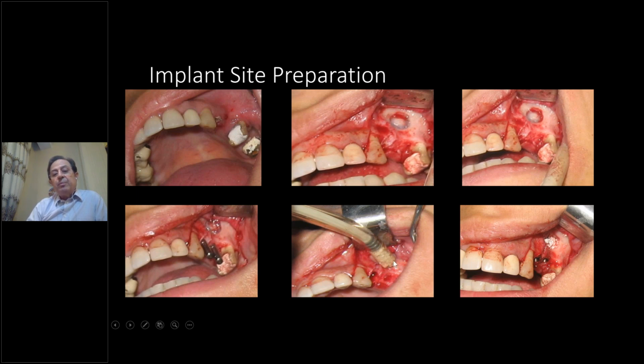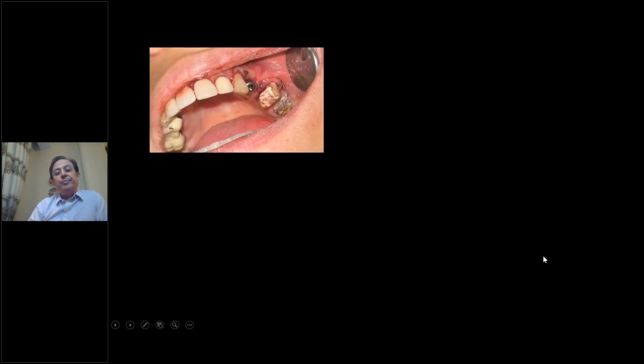We can fill with the prefab biomaterial in a disposable syringe, or with the bone applicator, and after filling the sinus, we install the implant and close the area.